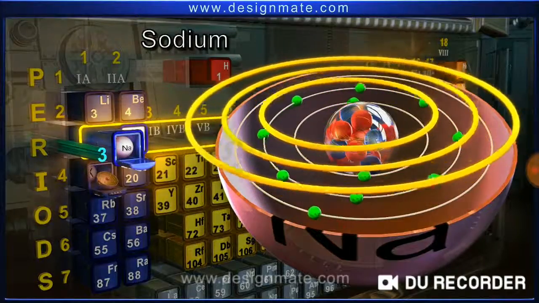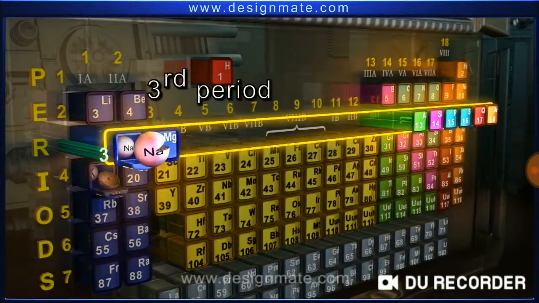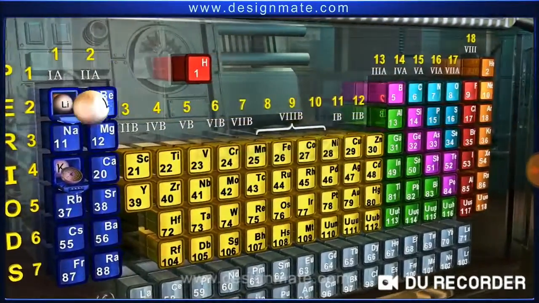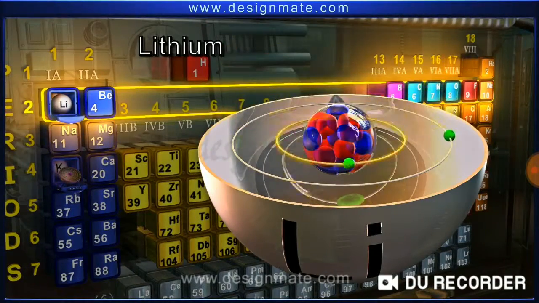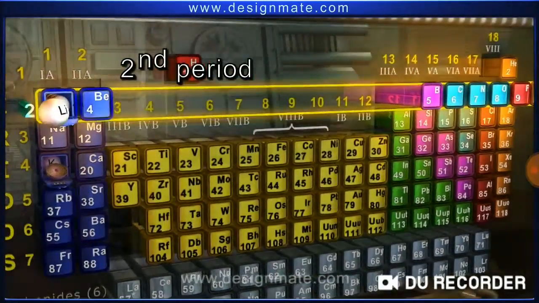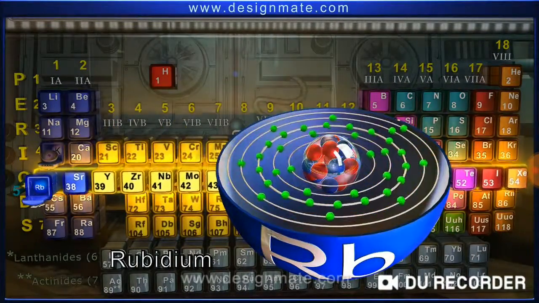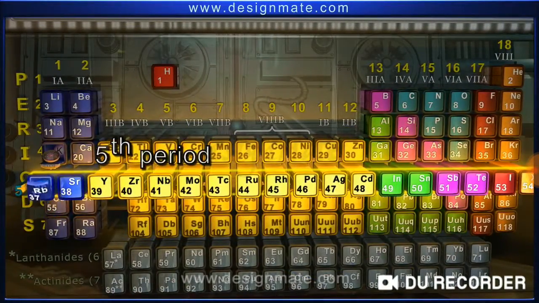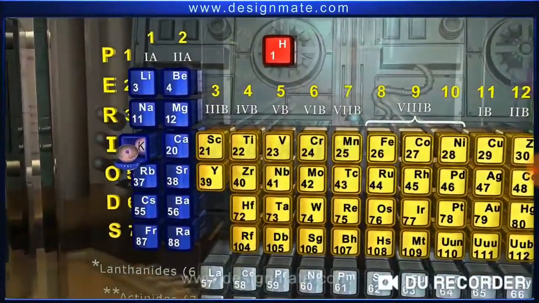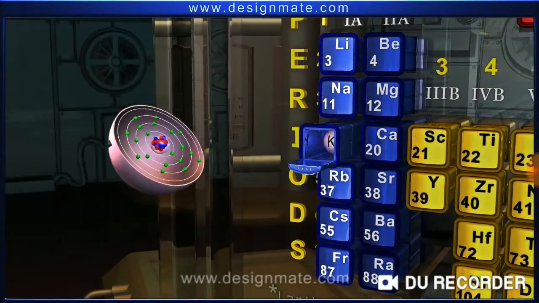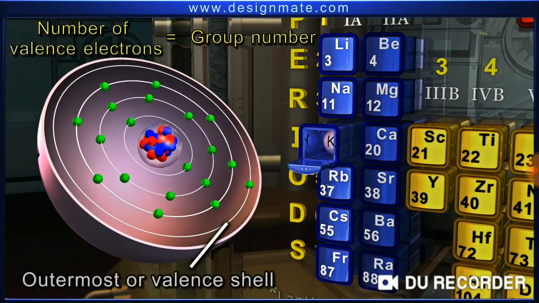Similarly, sodium with 3 shells belongs to the 3rd period. Lithium with 2 shells belongs to the 2nd period. Rubidium with 5 shells is placed in the 5th period, and so on. The number of electrons present in the outermost or valence shell of an atom decides the group number of that element.